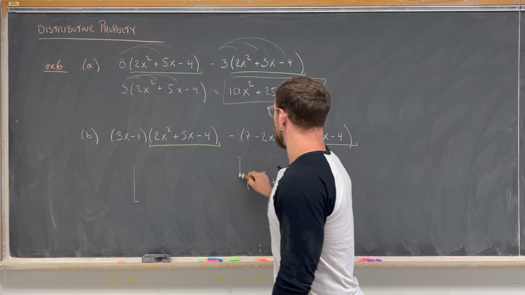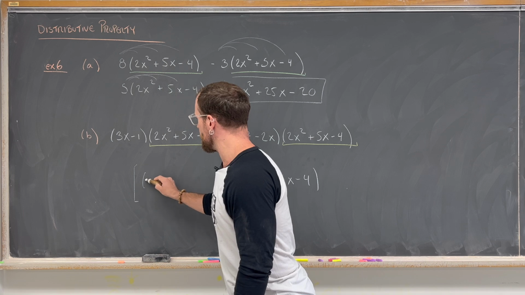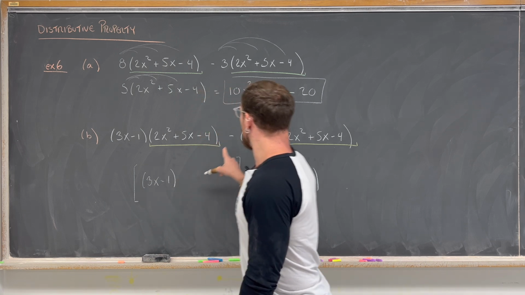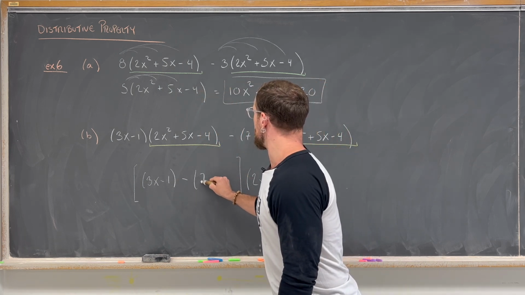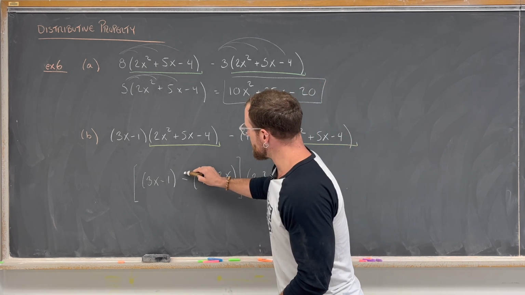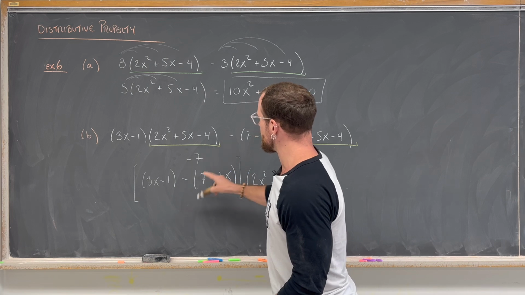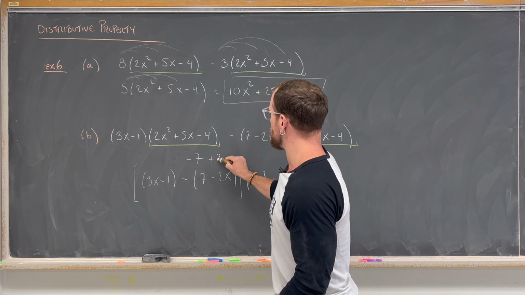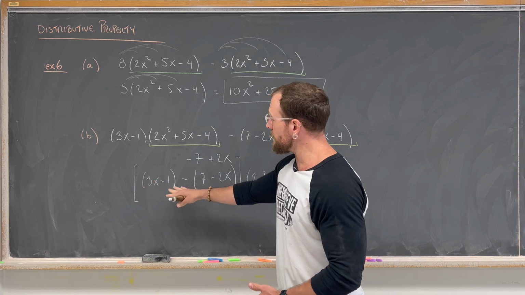Well, I have 3x minus 1 of them, minus 7 minus 2x of them. And I can distribute this negative sign, so that's really a minus 7 plus 2x, which I can combine with my 3x minus 1.